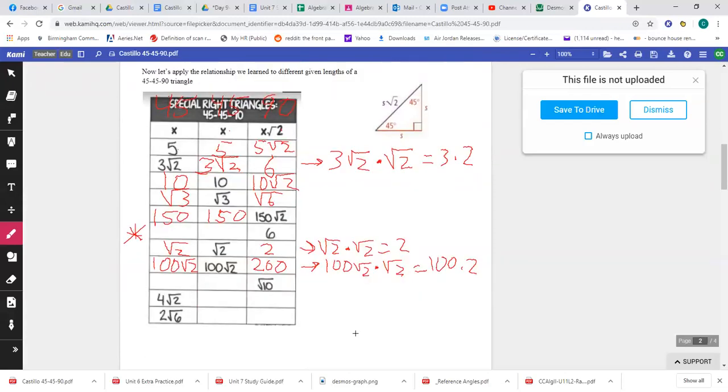Okay, we're going to skip this one again. And now let's go ahead and do the last two. So if I have 4 root 2, so I'm going to have 4 root 2 times root 2. Okay. So Ronnie, can you actually tell me what the hypotenuse should be here?